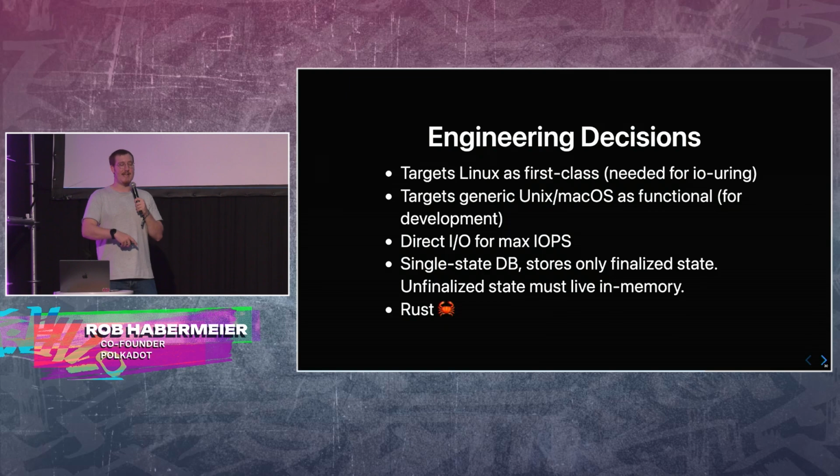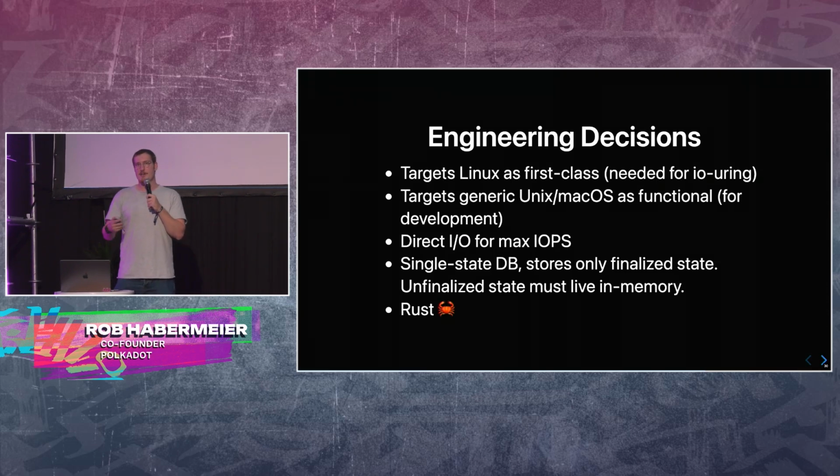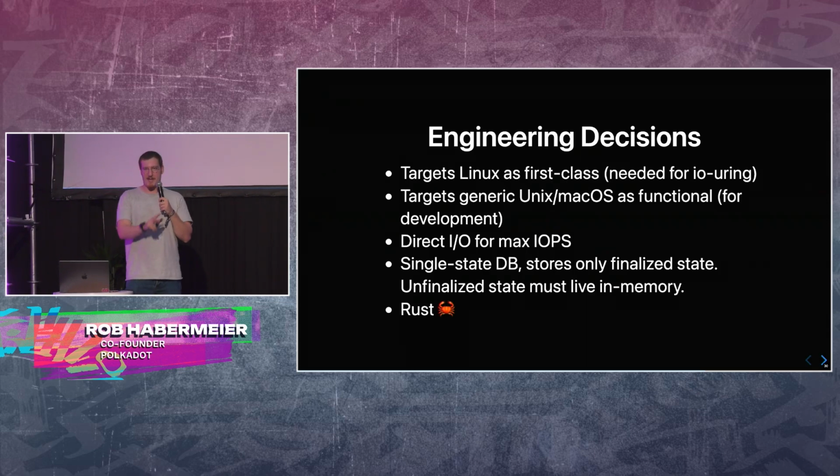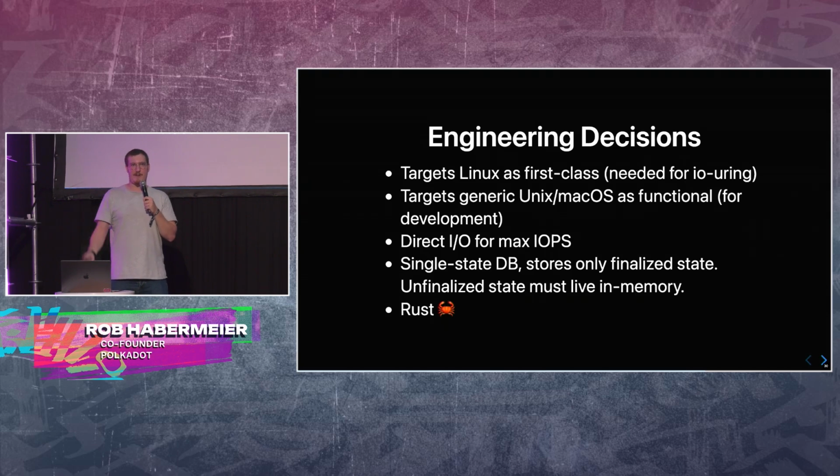It's a single state database, so it only stores one finalized state. Any changes to that state must be in memory. So if your blockchain takes, say, a minute to finalize, your nodes are going to have to keep a minute's worth of changes in memory. There are some engineering decisions that surround this. It creates a bias for maybe using algorithms that do single slot finality. But I think, with the right back-off mechanisms, it could easily integrate with BABE and GRANDPA of Substrate and Polkadot.